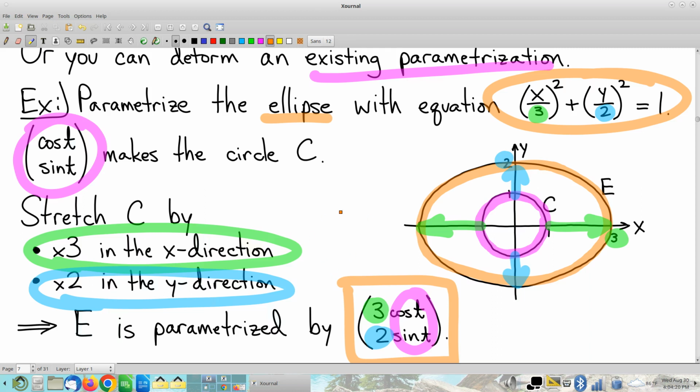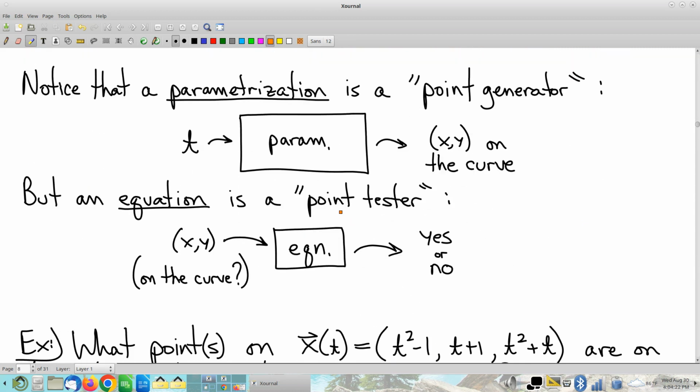Okay. All right. Here is a point of view about parameterizations and equations. I think it's important to recognize that they're different things. Now, they have something in common. A parameterization is an algebraic thing that helps you understand a curve. An equation is an algebraic thing that helps you understand a curve.